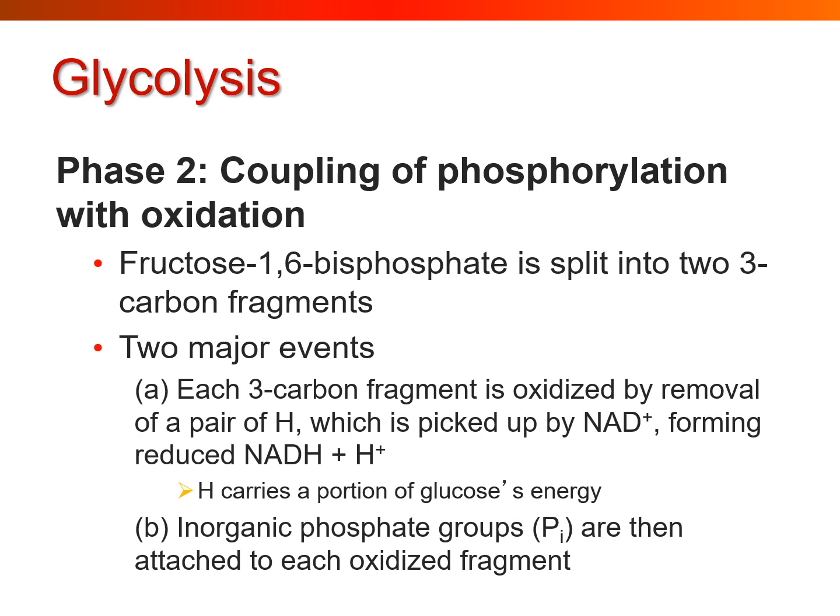And there's 2 major events that happen here. So first of all, we have to oxidize each one of these 3 carbon molecules, which basically means we're going to remove a hydrogen from it. And then we're going to take that hydrogen and add it to this ion right here, NAD.